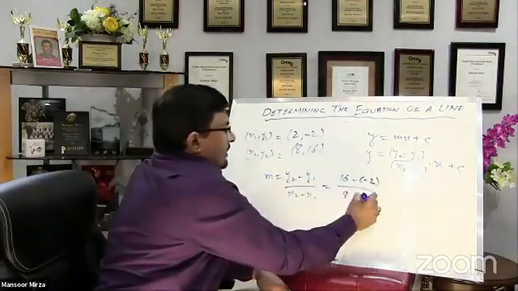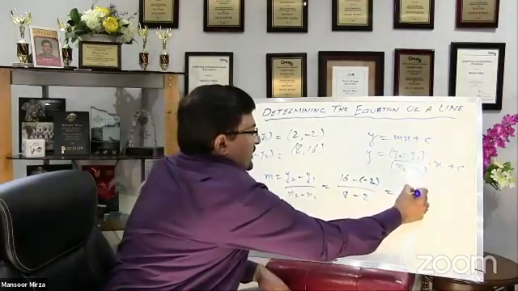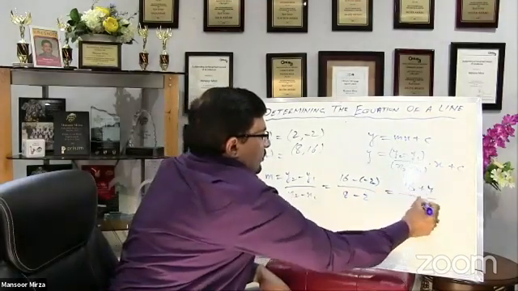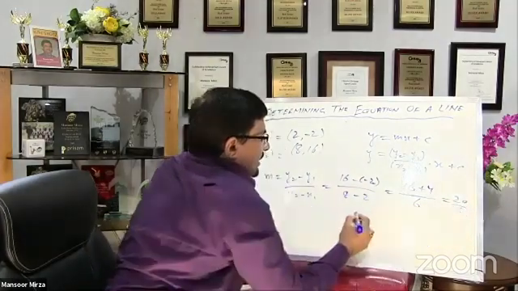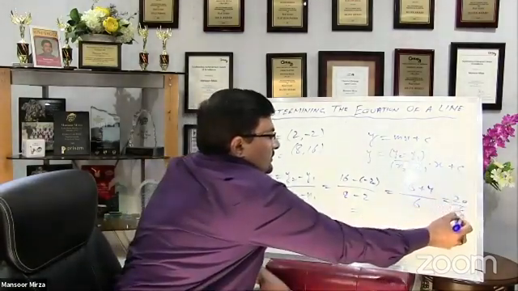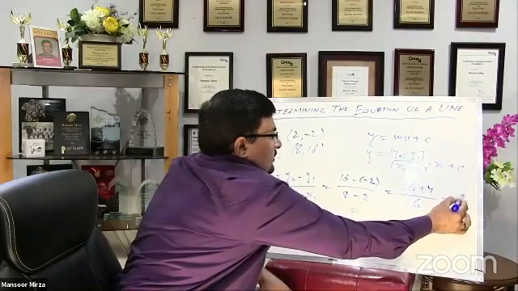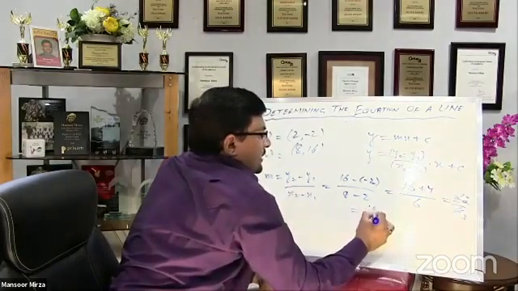And 8 minus 2. So this comes to 16 plus 4 over 6. This becomes 20 over 6. I can simplify this by 2 to get 10 over 3.